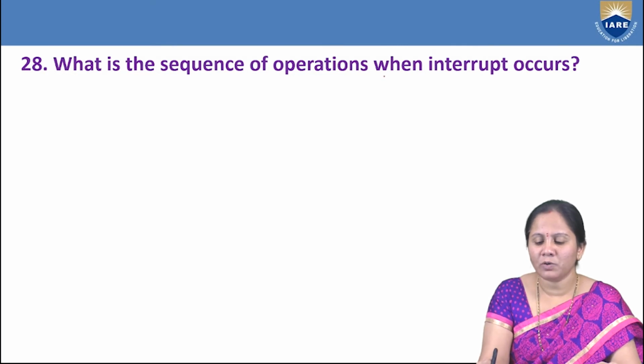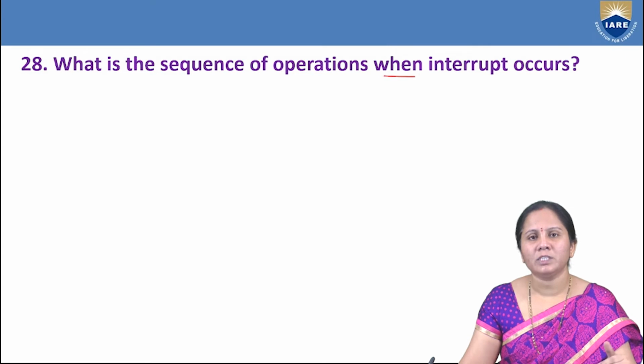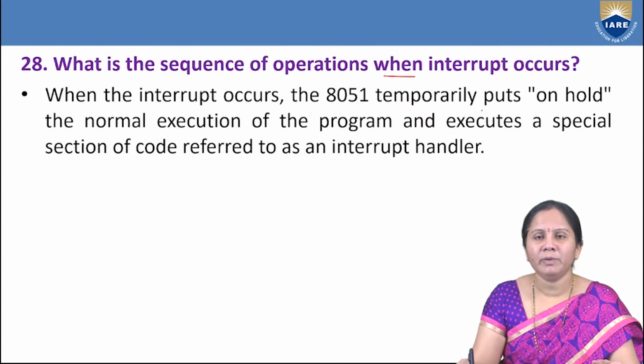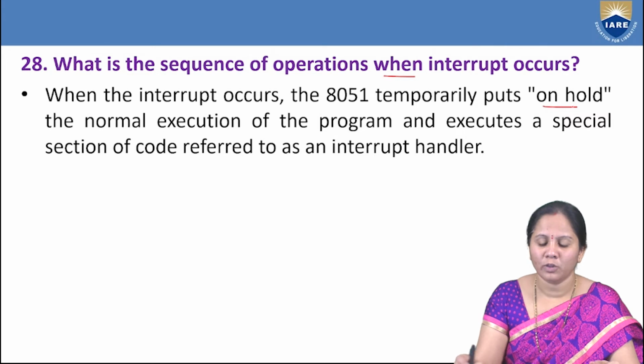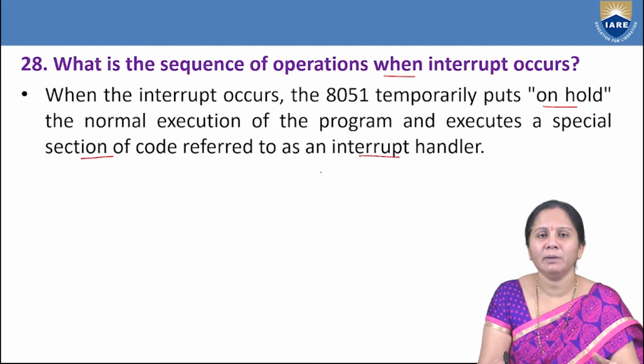So what is the sequence of operation when an interrupt occurs? Generally, when an interrupt occurs, the 8051 microcontroller puts on hold the normal execution of the program, and then it goes to execute the special section of code referred to as the interrupt handler.